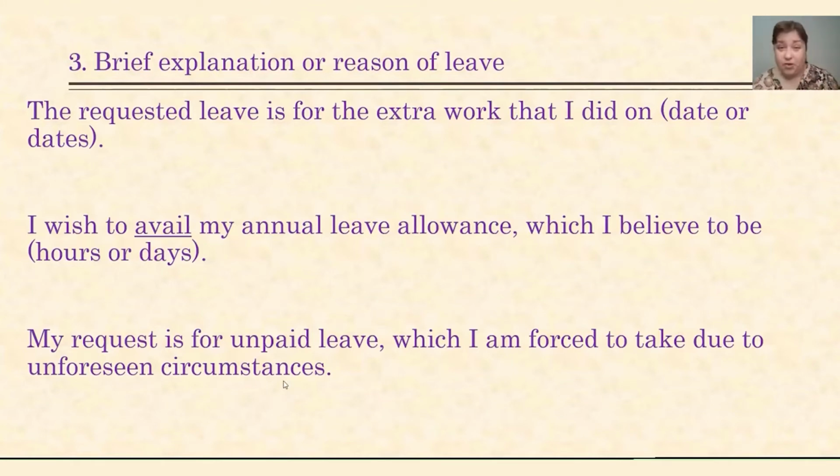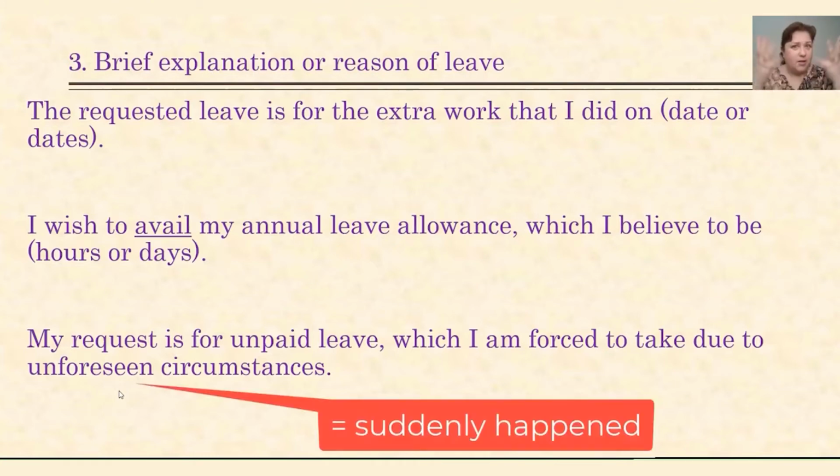Circumstances mean situations, things that have happened. Unforeseen: you didn't know these things would happen. You couldn't predict. Suddenly they happened. So you are asking for unpaid leave. You have to take this leave because suddenly something has happened in your life.